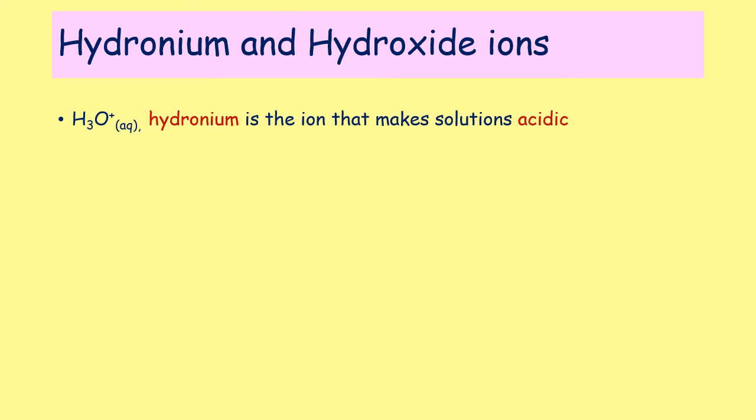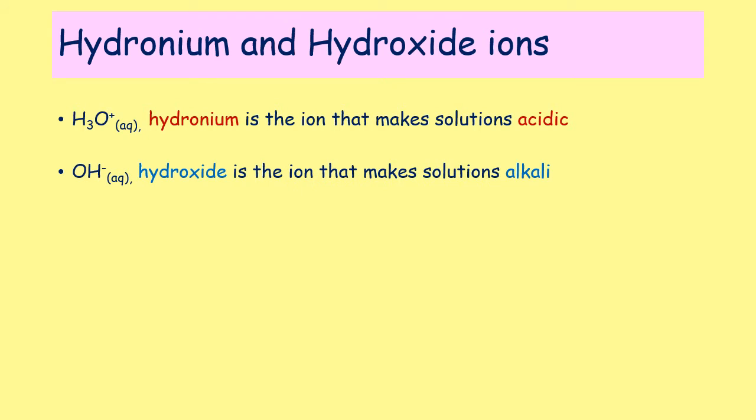The hydronium ion is the ion responsible for making solutions acidic. The hydroxide ion is the ion responsible for making solutions alkaline. Water has hydronium ions and it has hydroxide ions. So although water is neutral, it's actually acidic and alkaline in equal amounts.